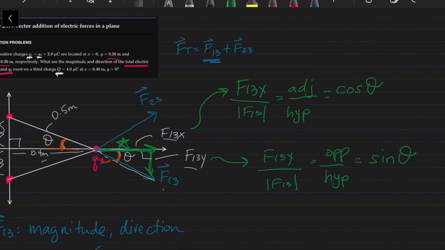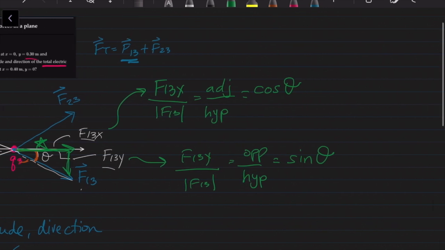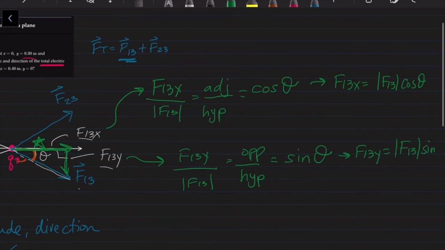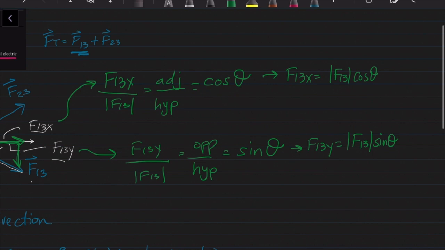And we can solve for the unknowns. F13x is F13 magnitude cosine theta. F13y is F13 magnitude sine theta. So we have a value for the magnitude, but we don't know what sine and cosine are.